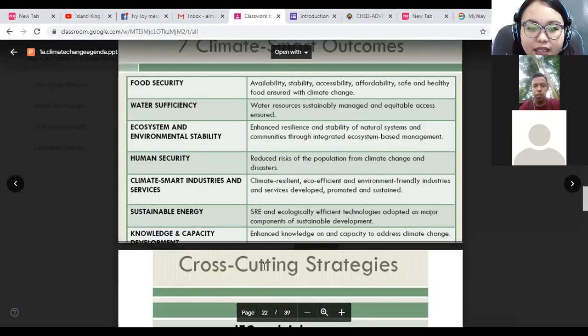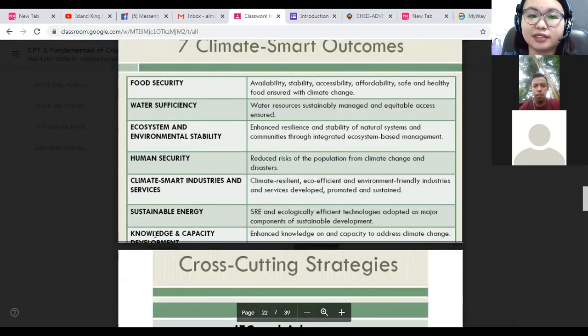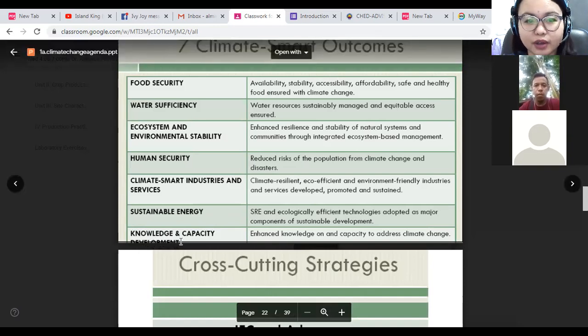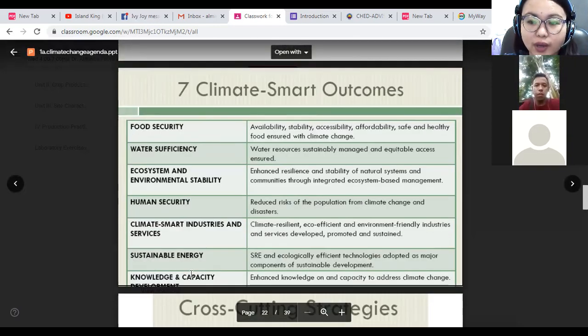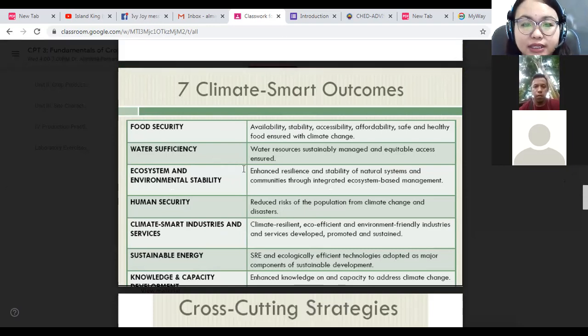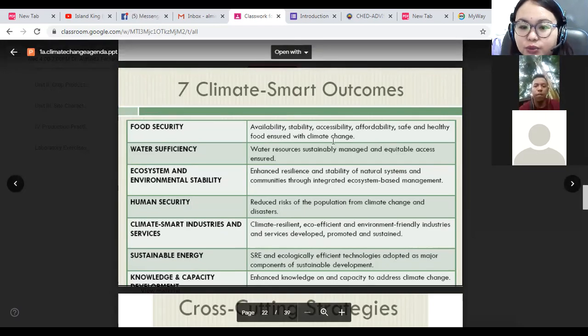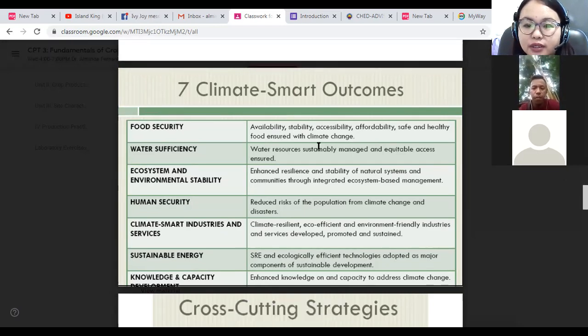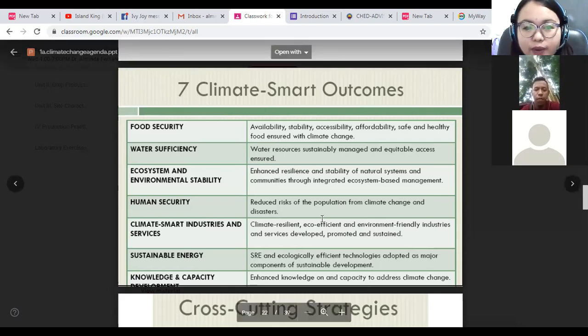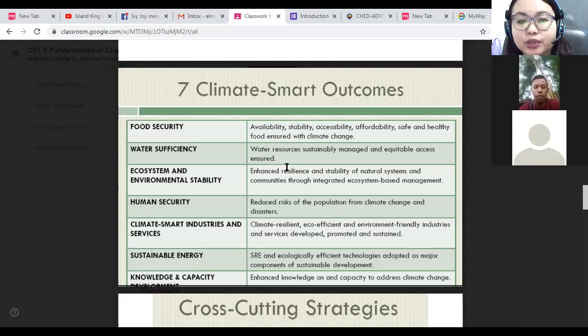That's why we need to educate people on this, because these are some of the strategies that we can use to fight back against climate change. For food security, we should make food available, stable, accessible, affordable, safe, healthy, and insured with climate change. So how are you going to do that? The agriculture industry has a big role in that.